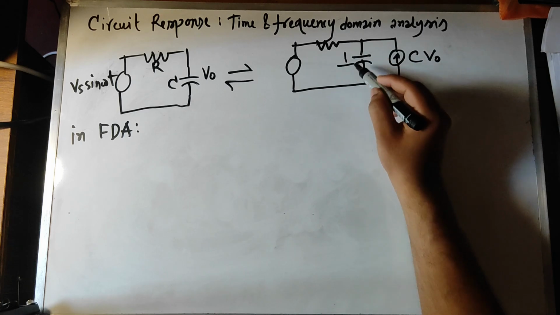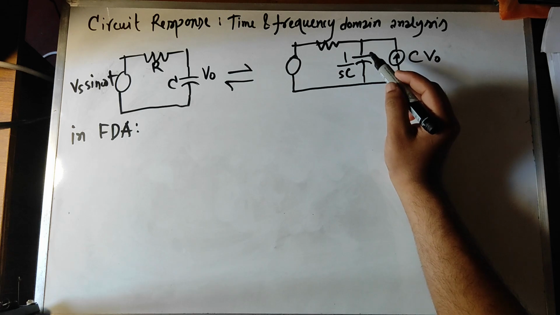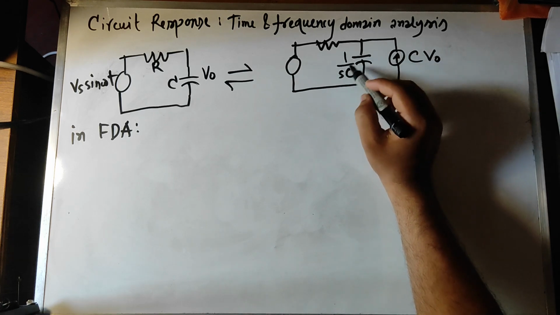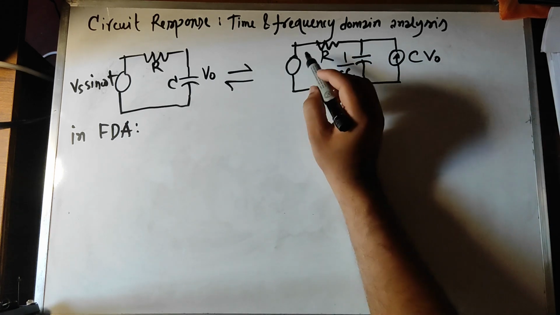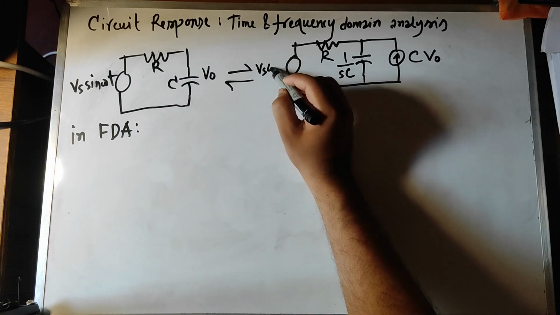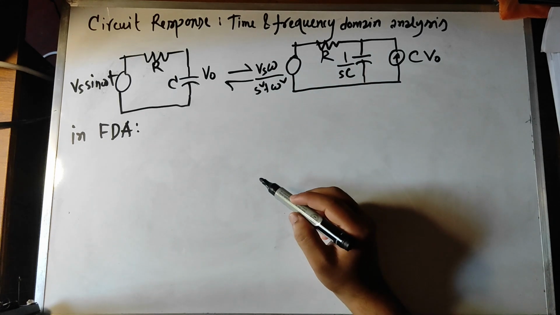The capacitor will transform into the reactance 1 by sC. This is R, and this is Vs omega by s square plus omega square.